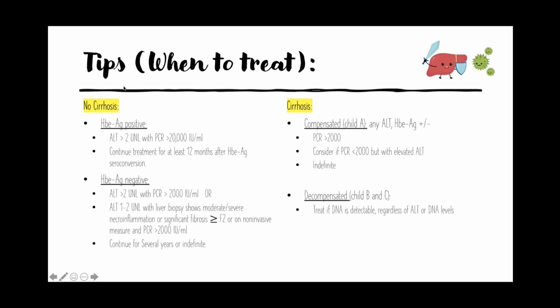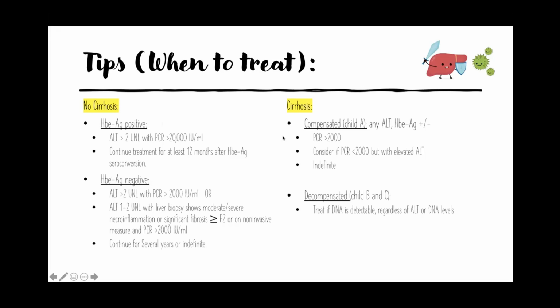When we treat a patient who has a positive HBe antigen, we usually treat if they have signs of active inflammation, which means the ALT more than 2 times the upper normal limit with PCR more than 20,000. And we usually treat until the HBe antigen converts into positive antibodies. For a patient with HBe antigen negative, we usually treat if the PCR is more than 2,000 and the ALT is more than 2 times the upper normal limit. And usually these patients continue indefinitely.